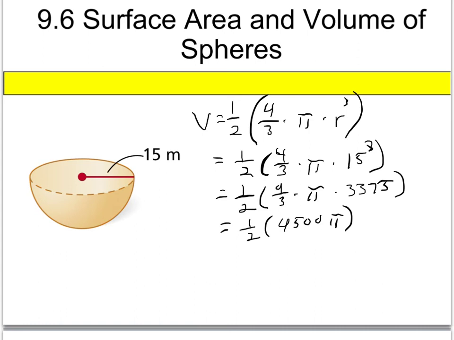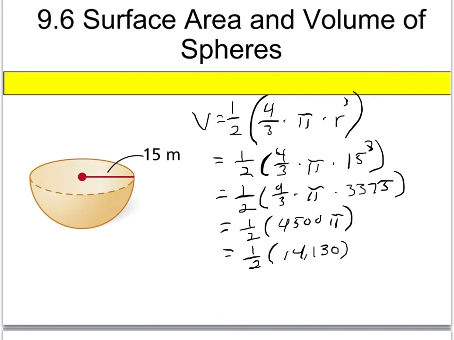Now, I do like to take 4,500 times pi first. It doesn't matter which one you do. You could take 4,500 divided by 2, then multiply it by pi. I'm going to get the inside of the parentheses first, which means 14,130.